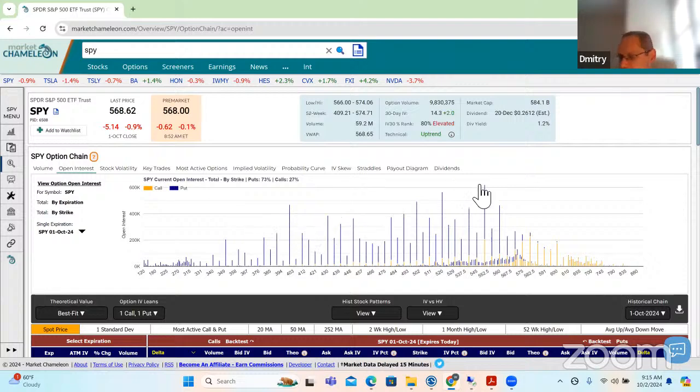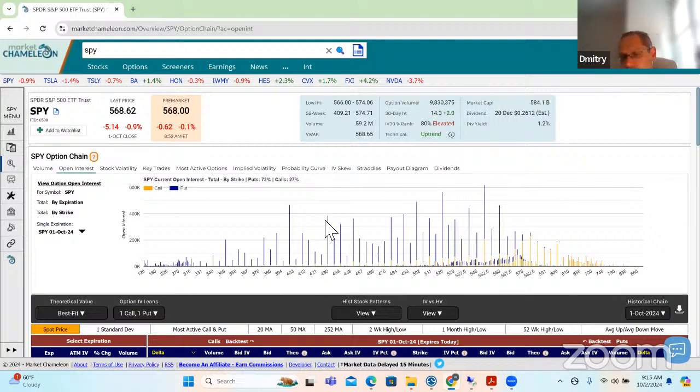Now there could be spreads in there. We don't know by this graph what the open interest is made of, because you could have a put spread that involves two strikes, like maybe this strike and this strike, where a put spread would involve buying one option and selling another.